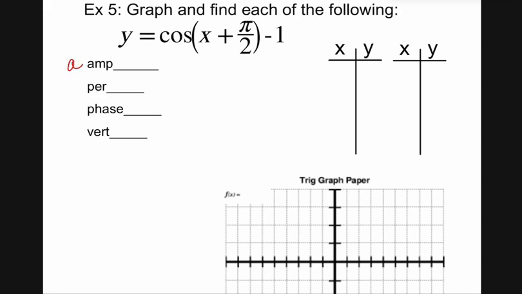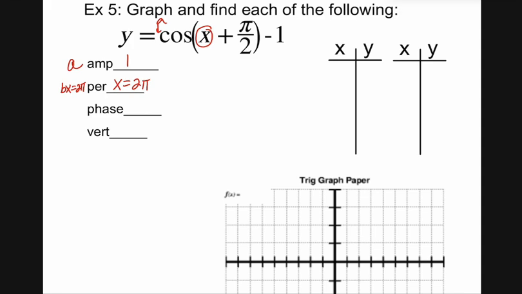If you don't see our A value, it's just going to be a 1. That tells me that the height of my wave is 1. The period is going to be this thing here set equal to 2 pi. So you just set bx equal to 2 pi. In this case, x is 2 pi.